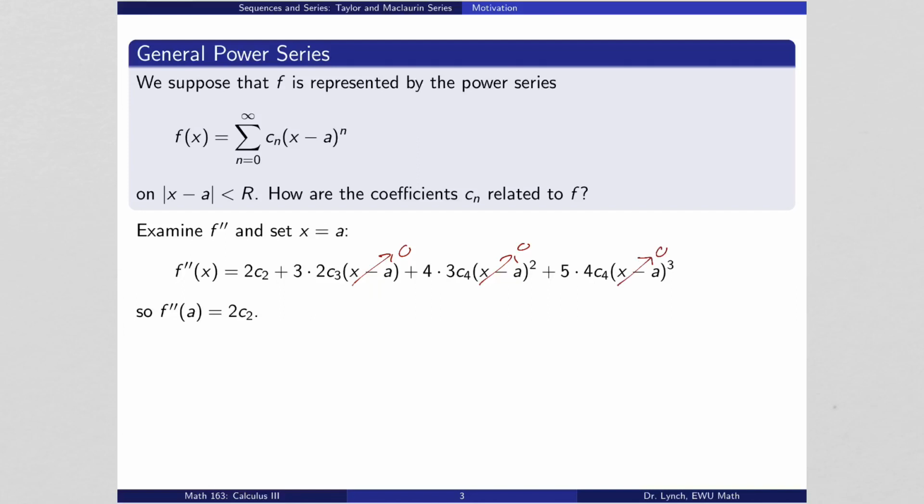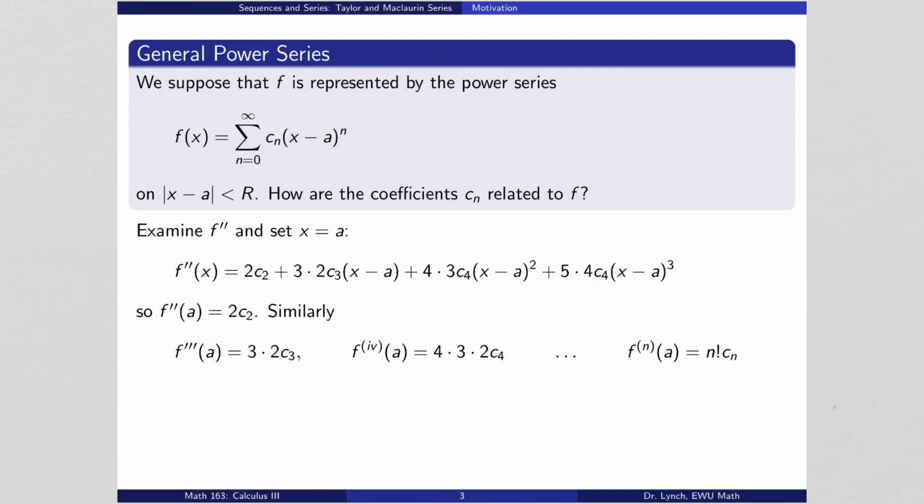You can continue doing this over and over again, and a pattern comes out pretty quickly. f triple prime has to be 3 times 2 times c3, and the fourth derivative has to be 4 times 3 times 2 times c4.